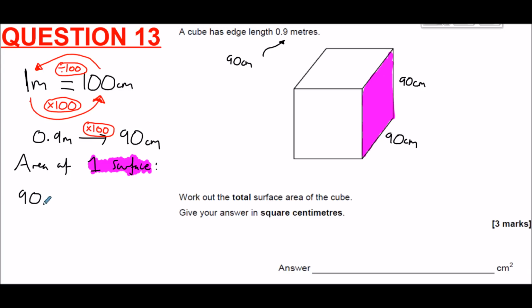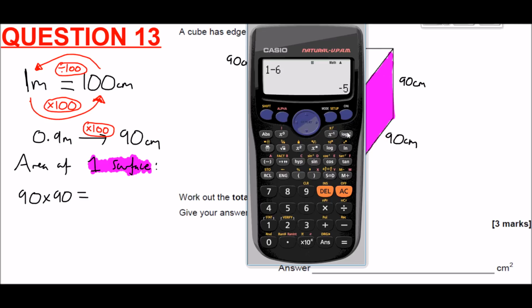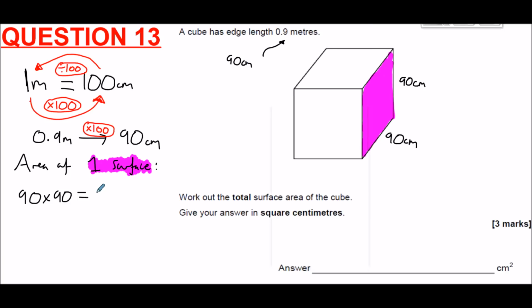So 90 multiplied by 90 would give us an answer of 8,100 centimeters squared. So each face of the cube has an area of 8,100 cm squared.